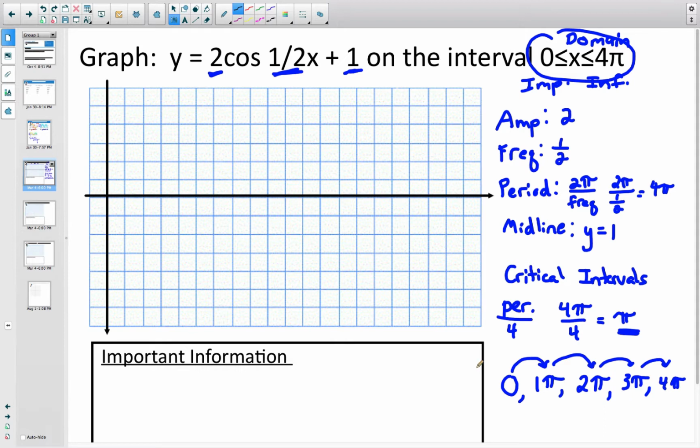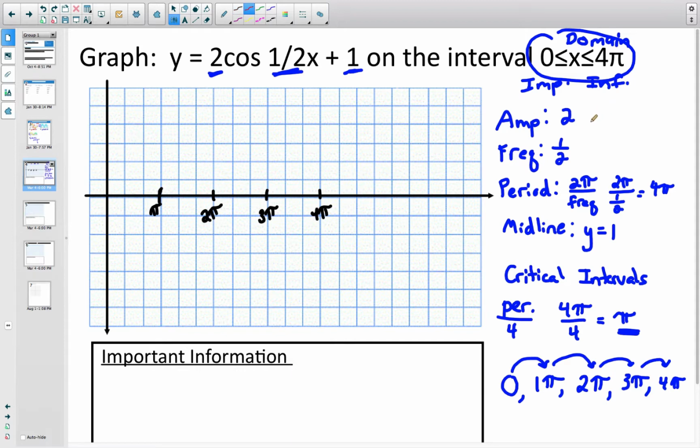Looks like we don't need to plot that many points. I don't know, I'm going to skip 3 boxes. Make that pi, skip 3 boxes, 2 pi, 3 pi, and 4 pi. You probably could have skipped 4 boxes and that would have been a little bit better. You would have seen more of the graph, but that's okay.